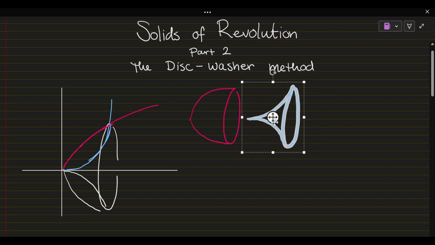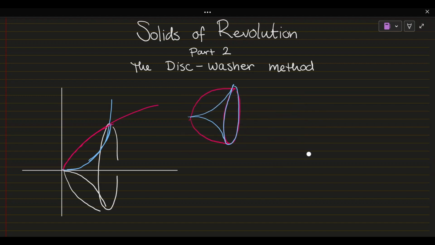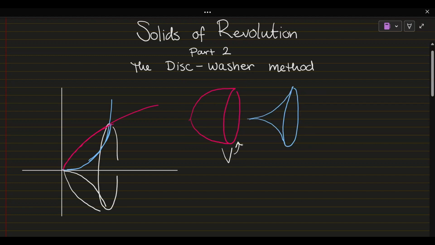And if I overlay these here, you might be able to see that these produce that solid of revolution that I had. So in other words, we want the volume of this outer one subtracted by the volume of the inner one. We want to carve out the volume of the inner solid of revolution. And so we know that the volume of a solid of revolution is given by the integral over the region of pi r squared du, whatever u happens to be, if it's x or y or whatever.